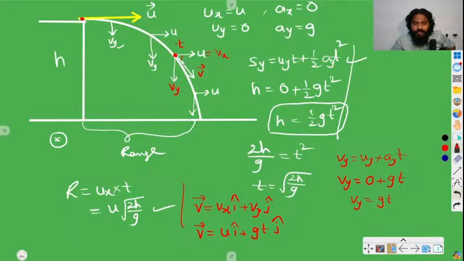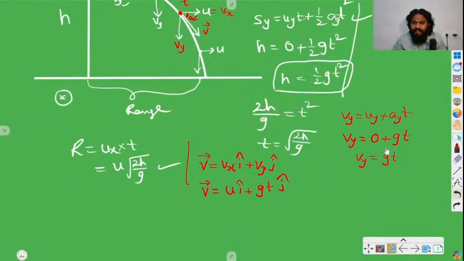For example, if you want to find out the direction of v, you always consider alpha with the horizontal, right? This alpha gives the direction of the projectile. So from this, tan alpha is equal to, for alpha the opposite side is nothing but Vy, Vy by Vx. What is Vy here?